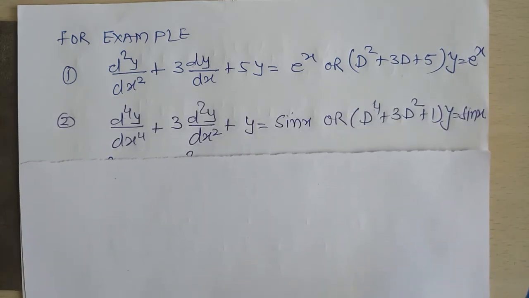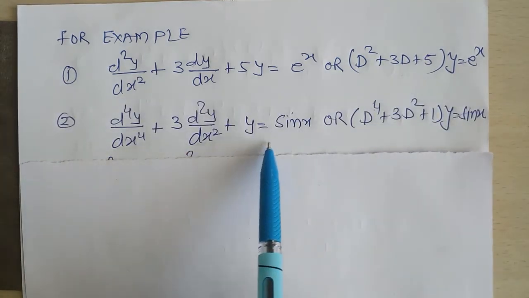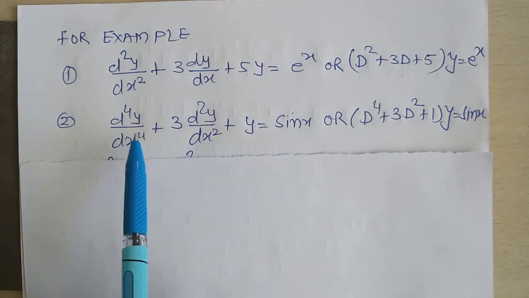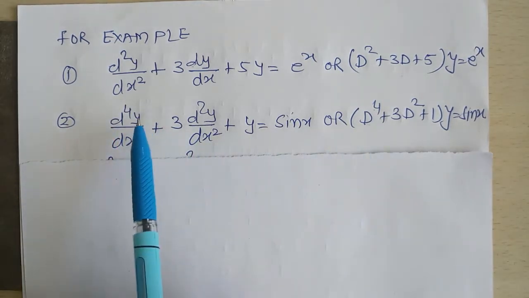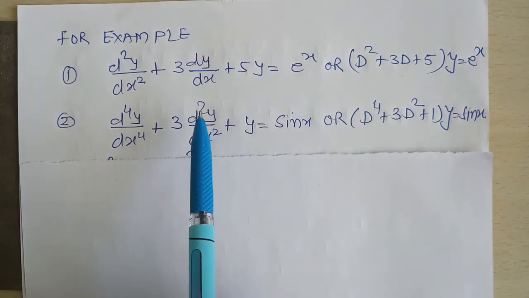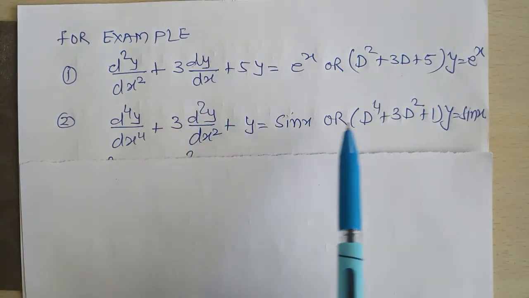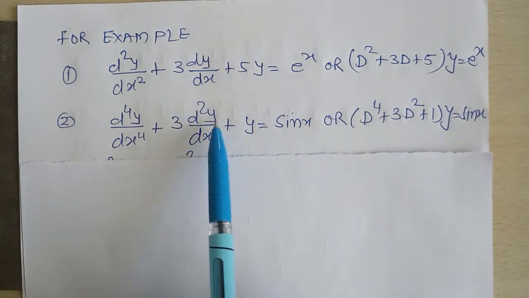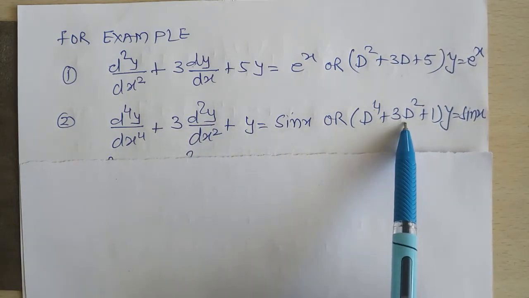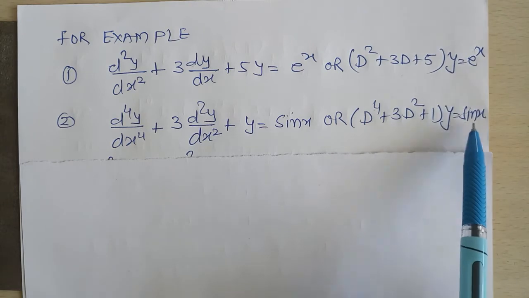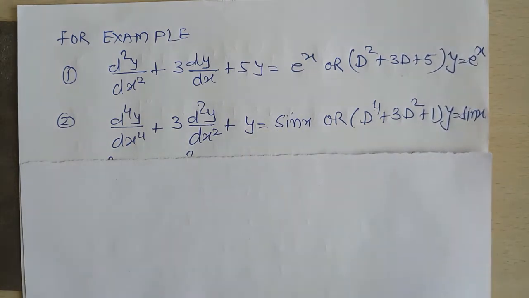Also, another LDCC can be expressed as D power 4 y plus 3, constant as it is, D square y plus y, and then y common, we have D4 plus 3D square plus 1, y, equal to sin x.